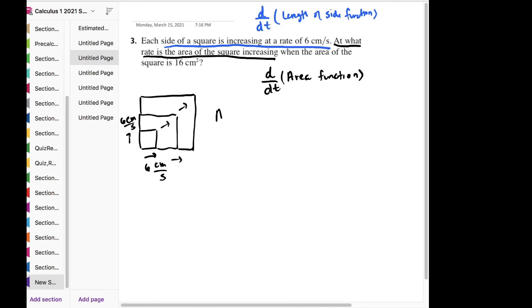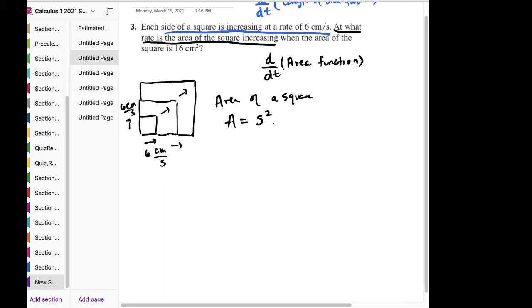So what is the area function? Yeah, I like S for side, but you can use X. So that means if we put a t everywhere, then this is the changing area function. We need to find the derivative of A of t.